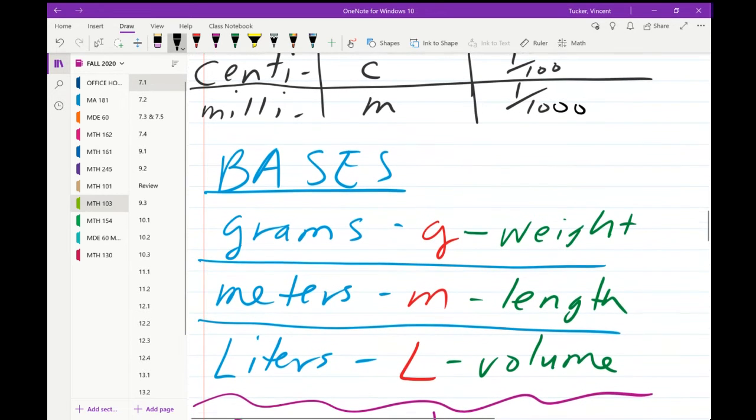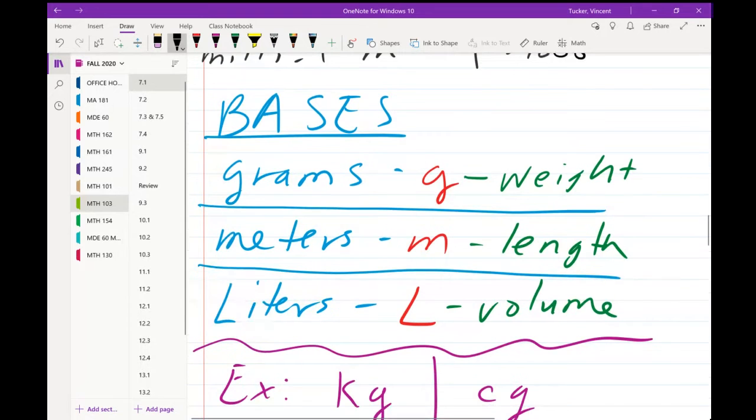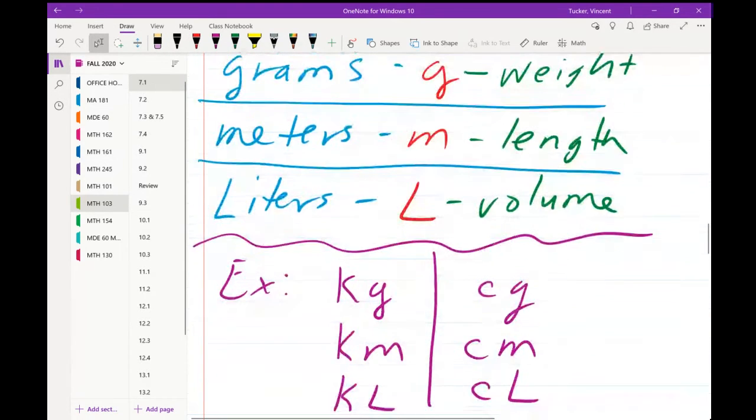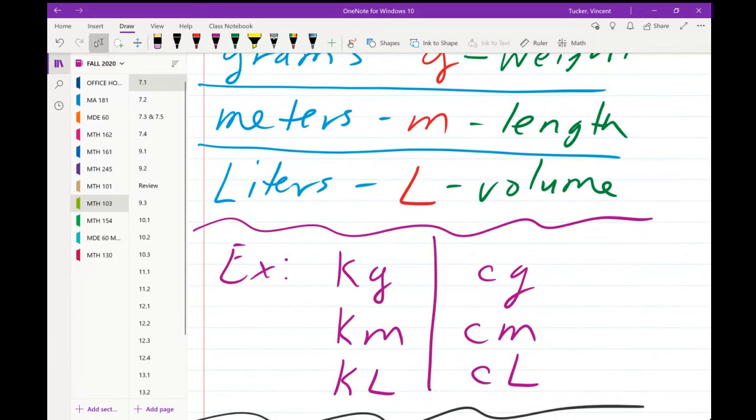All right. So here, just showing you that no matter what base, you can have kilograms, kilometers, or kiloliters, centigrams, centimeters, centiliters. You can put either one of those prefixes in front of either one of those bases.